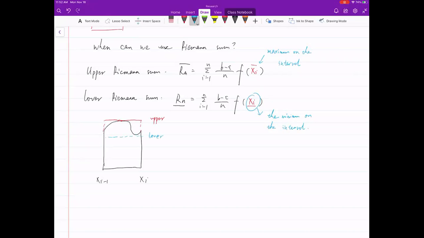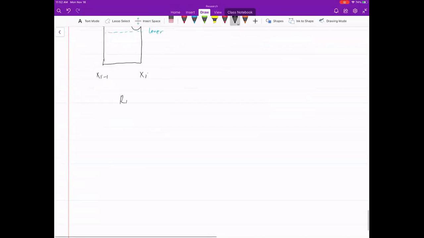Good so far? Then any other Riemann sum will be in between. It's going to be smaller than the maximum if you always pick the maximum, and bigger than the minimum if you always pick the minimum. Good so far? Okay, so let's write it down. Any other way of picking points will be between these two ways of picking points.